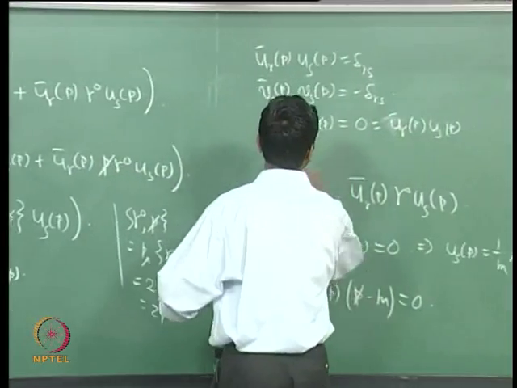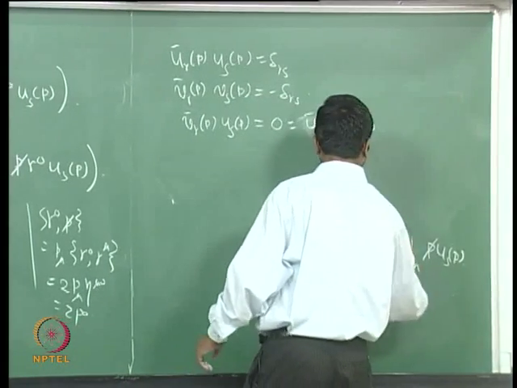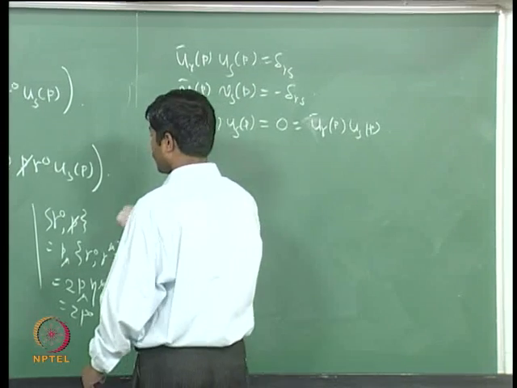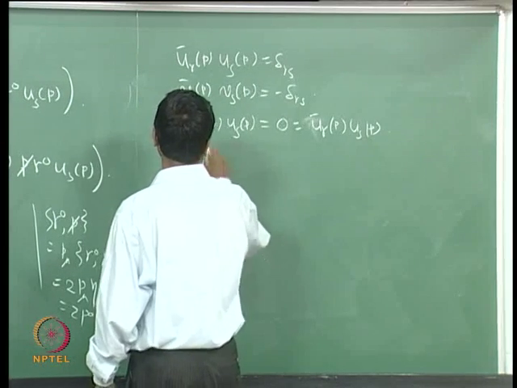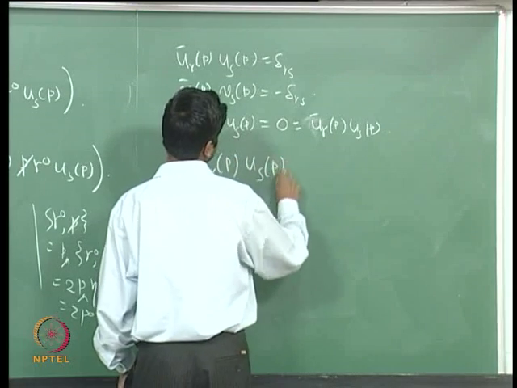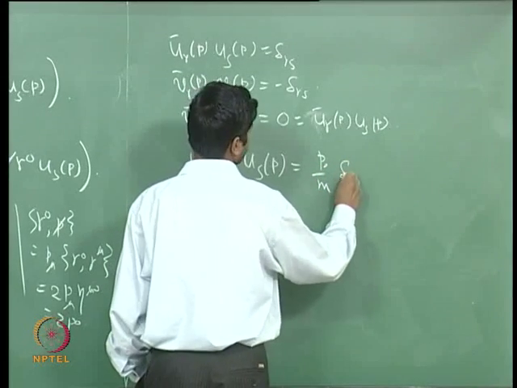So, to this I can add this relation u dagger r p u s p equal to p 0 over m delta r s.